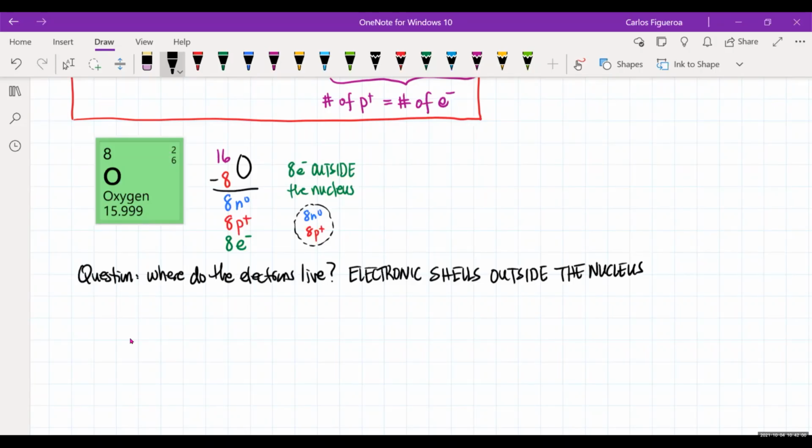Electrons cannot live inside the nucleus. So how do we do this? It turns out that the number of electron shells, we just say electron shells, is equal to the row number on the periodic table.